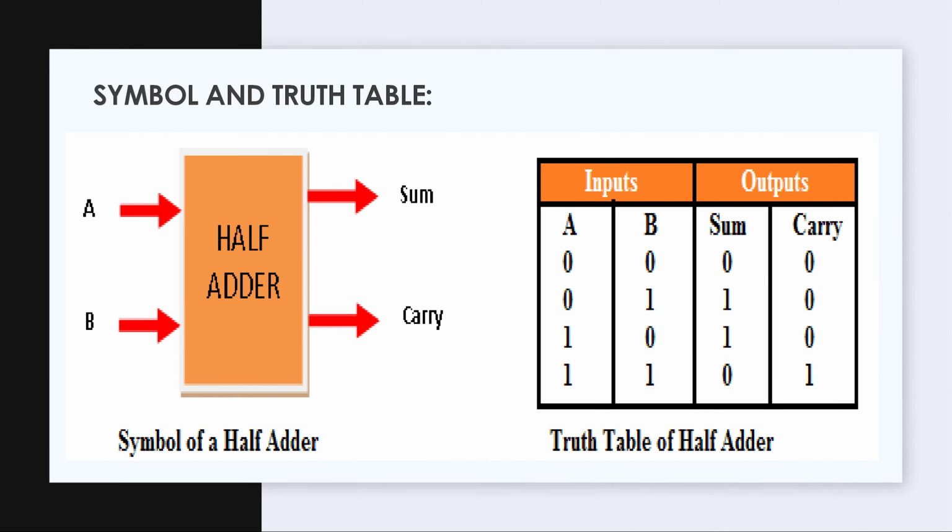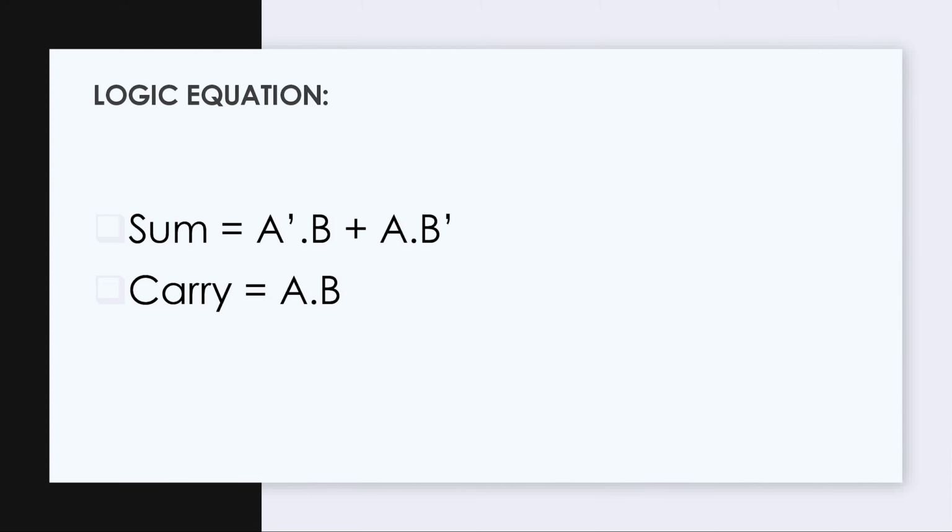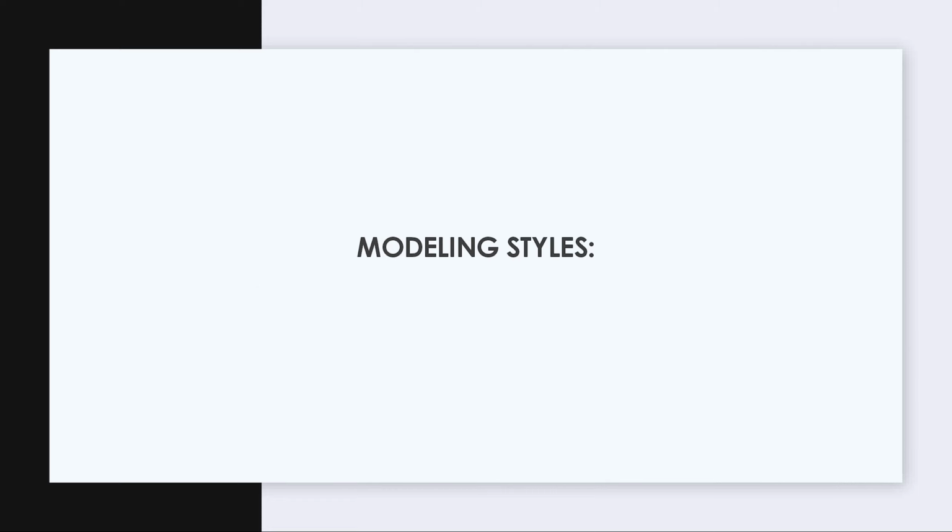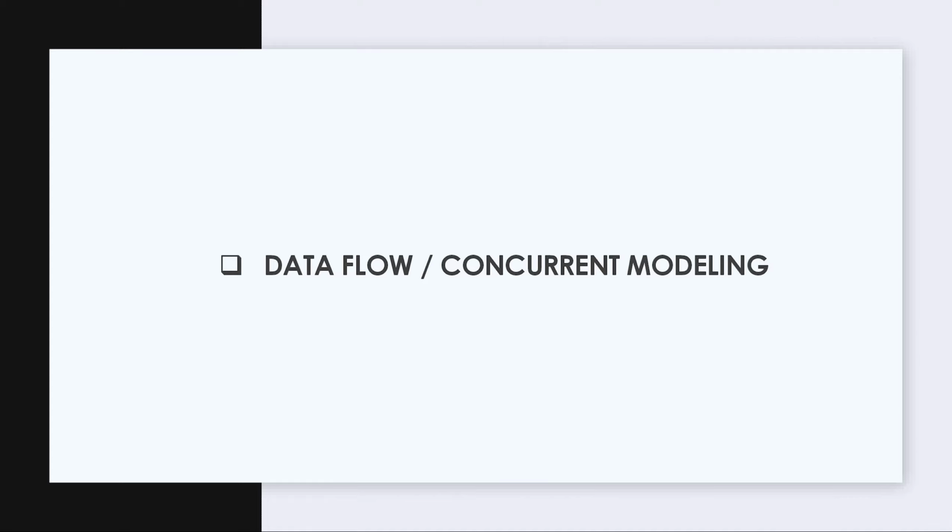A half adder is a combinational circuit that adds two 1-bit numbers. One of the two bits is the carry from the lower stage or a hardwired high or low bit. This is the symbol and truth table of a half adder. This is the logic equation. For sum it is a bar dot b plus a dot b bar. For carry it is a dot b. Now we'll see the modeling styles. The first modeling style is the data flow or concurrent modeling.